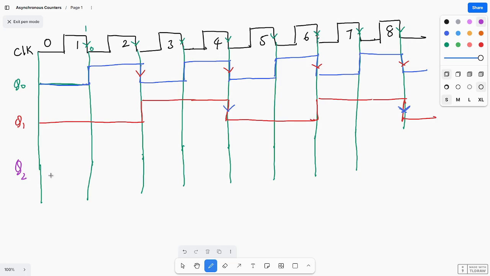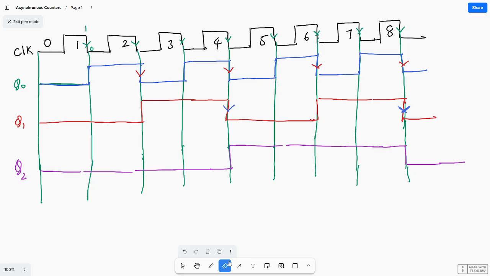Initially Q2 is 0 only, so till the next neg edge it will be 0 only. During this neg edge, it will toggle from 0 to 1. And during this neg edge, again it will toggle from 1 to 0. So like that it will repeat.